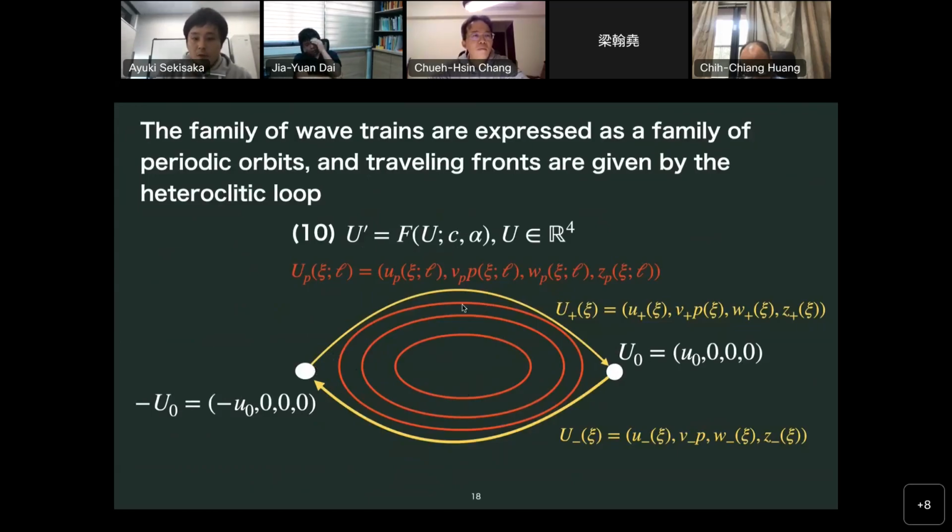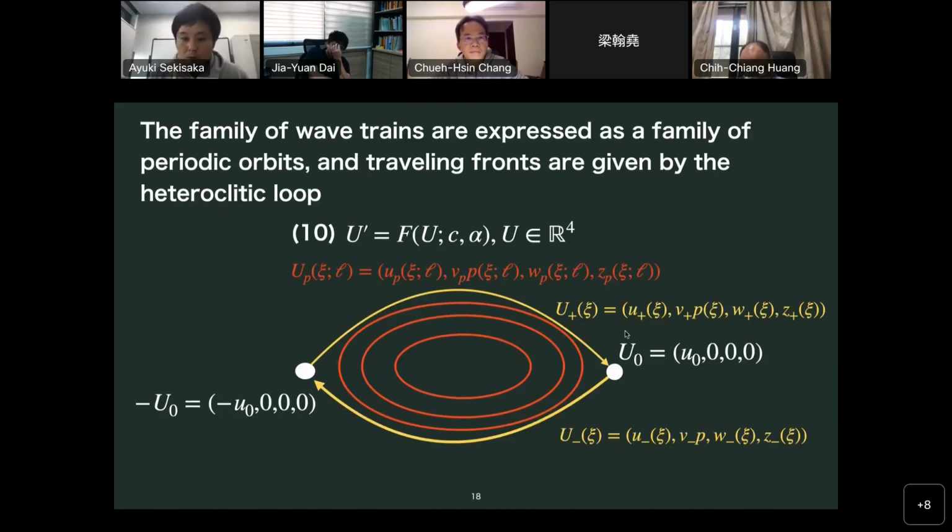The yellow lines mean the traveling front corresponding to the heteroclinic orbit U plus xi, and the other traveling front corresponds to the heteroclinic orbit U minus, which consists of U minus, V minus, W minus, and Z minus. U plus consists of small U plus and V plus.